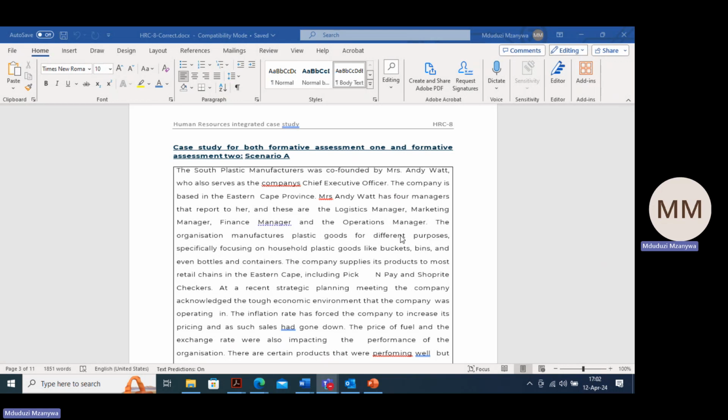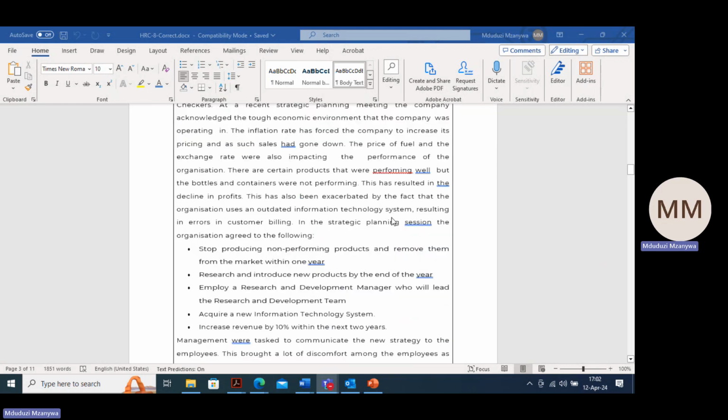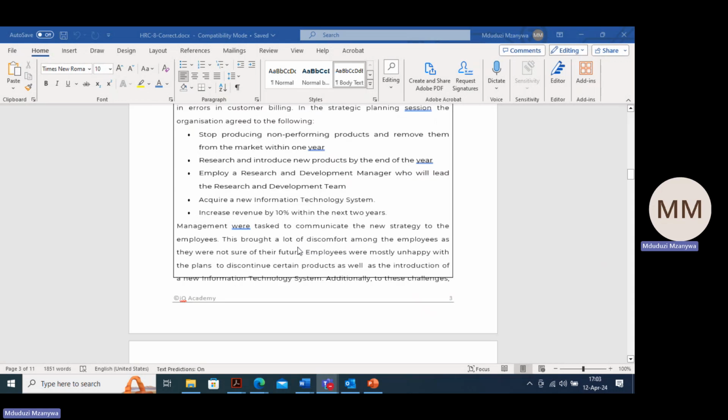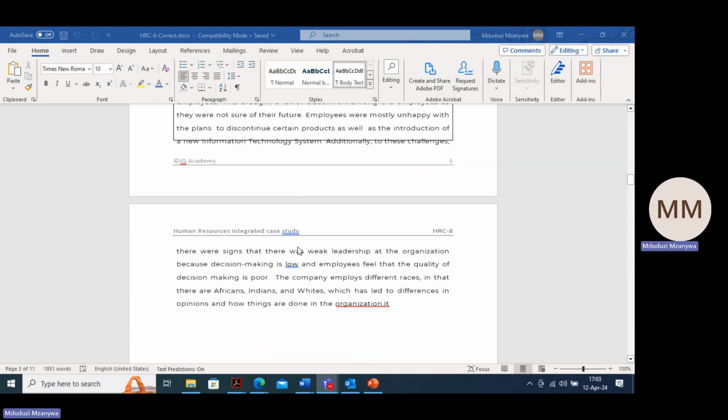Read your case study the first time, browsing through, read your case study the second time, and then read your case study the third time and make notes. Because in your case study, it's where you will find your responses for the questions that follow. So never just go straight to your questions without reading thoroughly your case study.